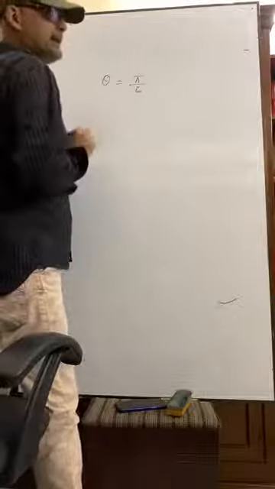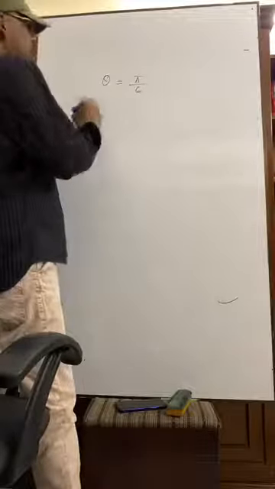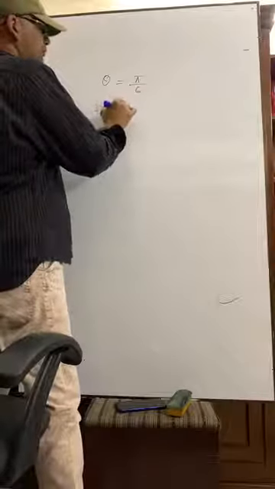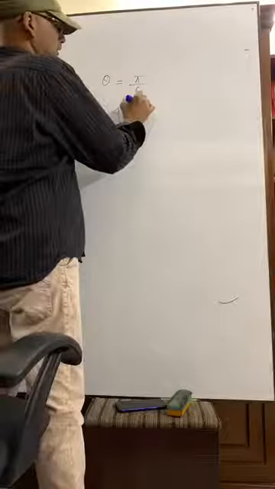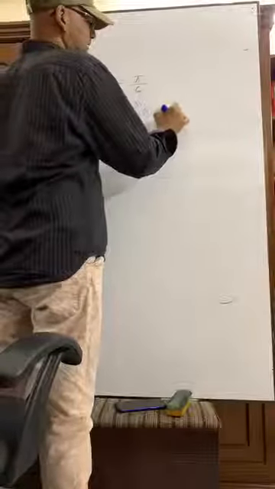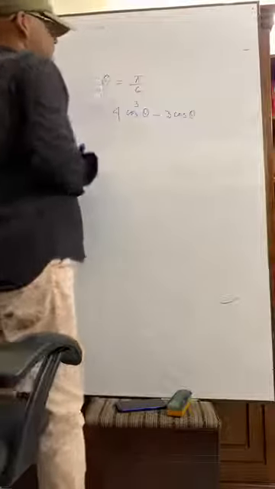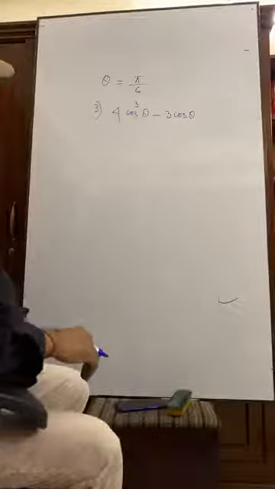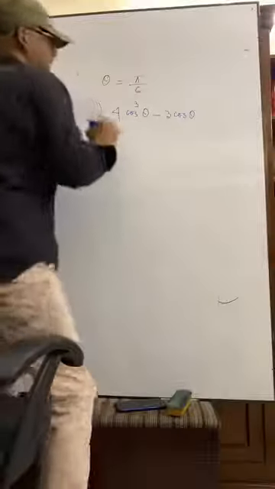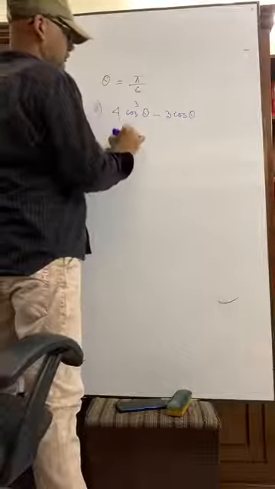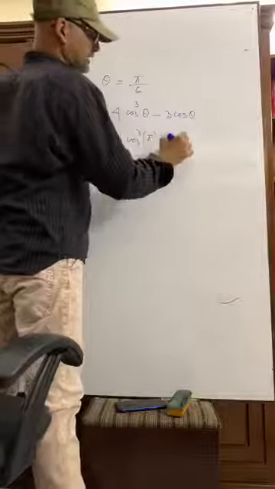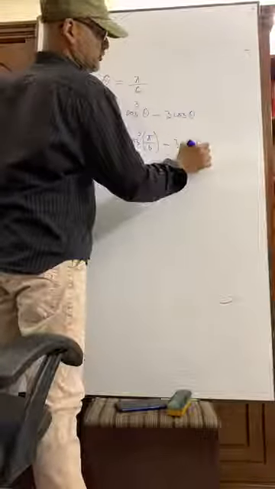If the value is given like this, number 3, what is the value of 4 cos cube theta minus 3 cos theta? That means 4 cos cube pi by 6 minus 3 cos pi by 6, right?